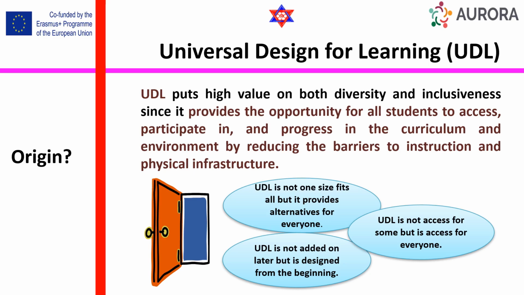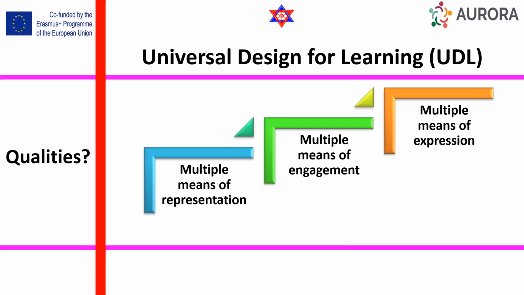This is achieved by minimizing obstacles in both instruction and the built environment. Mainly, there are three qualities in universal design for learning. These are multiple means of representation, multiple means of engagement, and multiple means of expression.